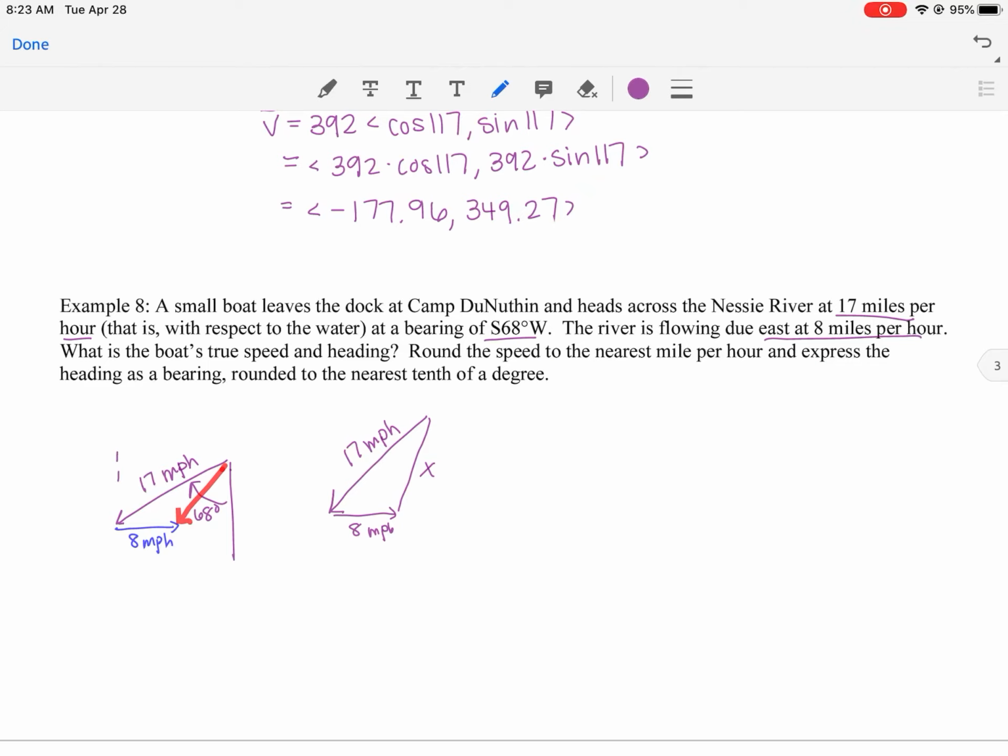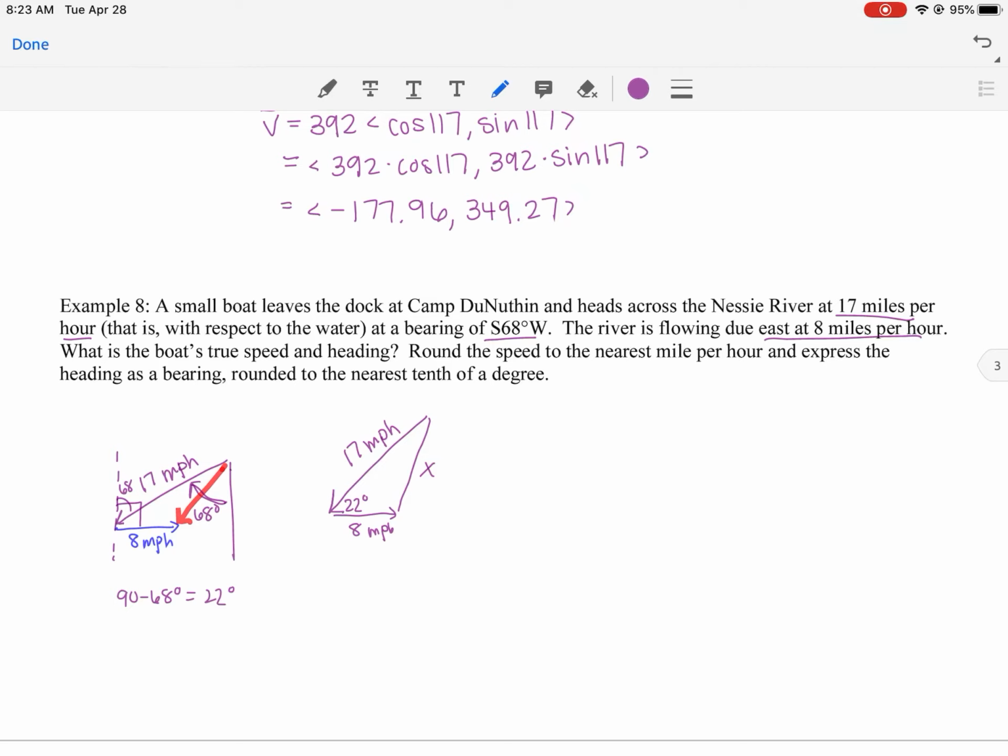So let's see if we know any of these angles. It may help you to always set up your parallel line. So if this is 68, so is this. And this time we also have a 90-degree angle. So 90 minus 68 degrees leaves us with 22. So this right here is 22 degrees.